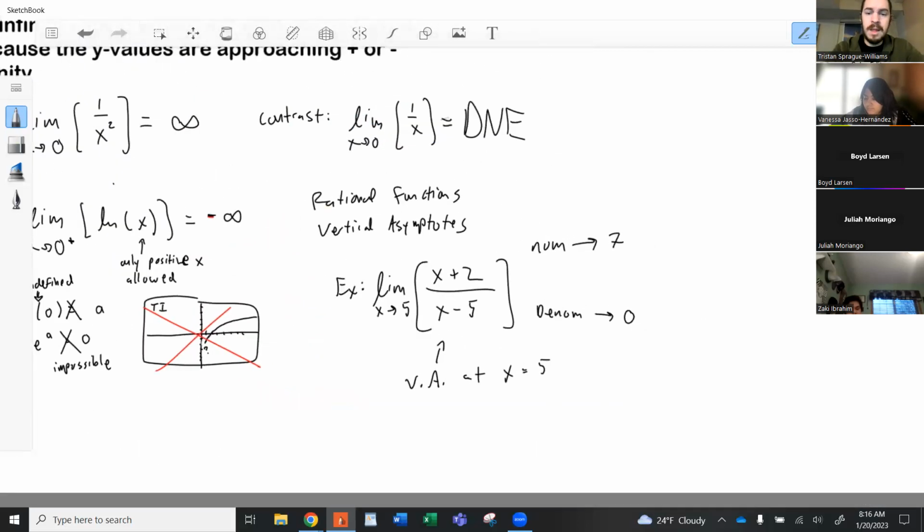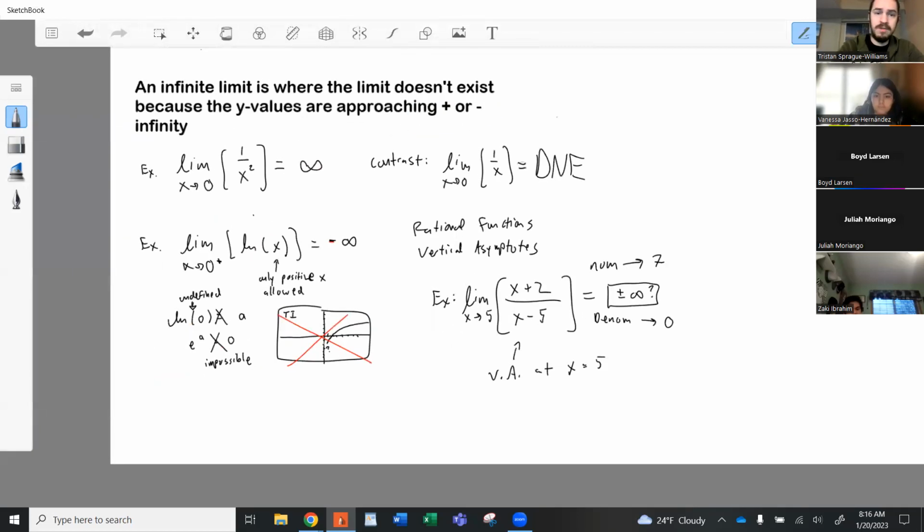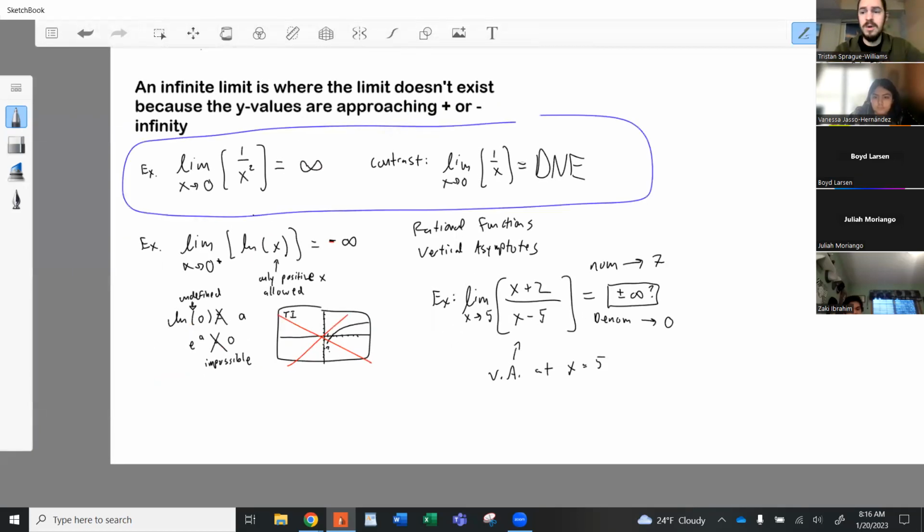Okay. Now, whether we can answer this limit question with an infinity or minus infinity kind of depends. It goes back to this distinction between these two cases again, where if the factor that is causing the denominator to be 0 has an odd multiplicity, then you're in this case.